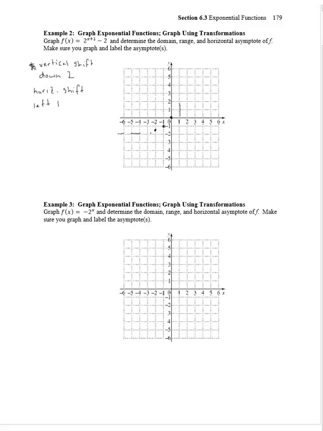So it's now right here at -2. And so our graph, we just make that same curved shape, something like that. So our domain is still negative infinity to infinity. The range is now -2 to positive infinity because we shifted down 2. And our horizontal asymptote is at y equals -2.